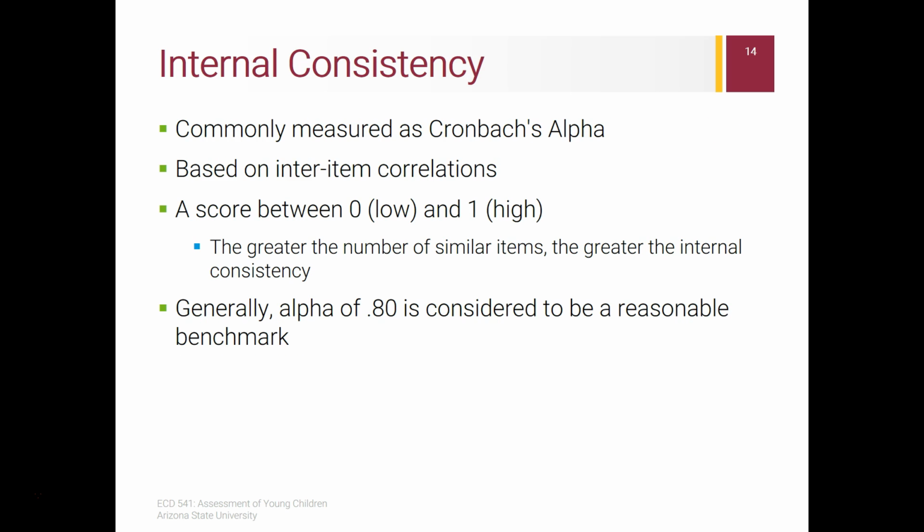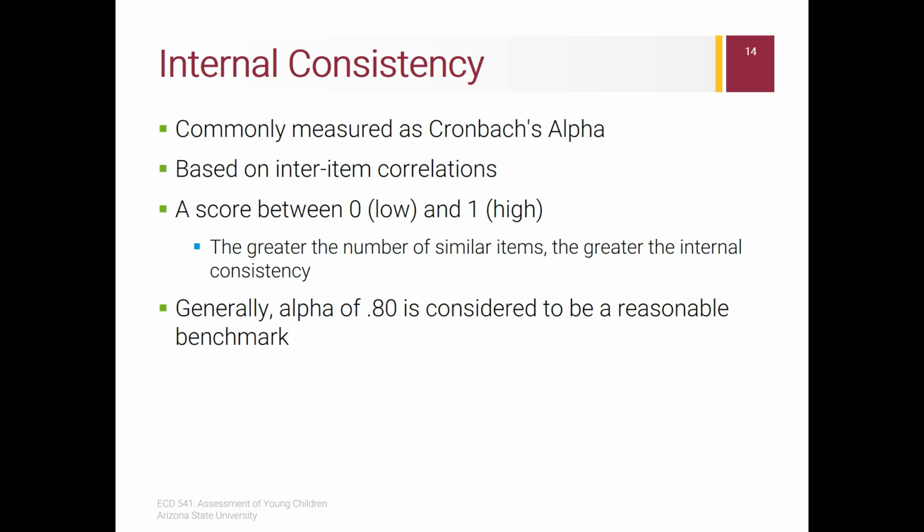The third measure of reliability is the internal consistency of the items. This type of reliability looks at how the items of a test correlate with each other. Internal consistency is commonly measured using a statistical technique called Cronbach's alpha, which is based on inter-item correlations.